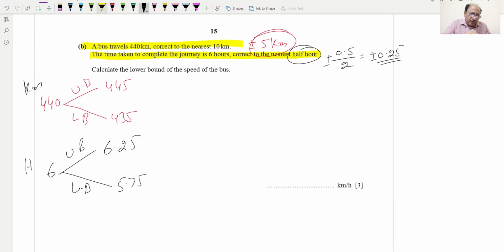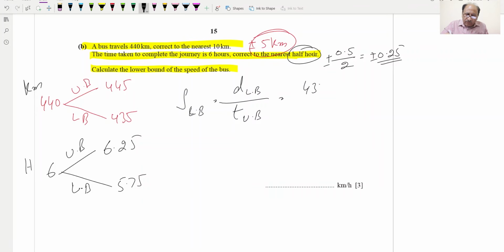And they are saying calculate the lower bound of the speed of the bus. Now for the speed of the bus we require the lower bound. How will we get the lower bound? If the lower bound of distance is divided by the upper bound of time, we should get a smaller answer.